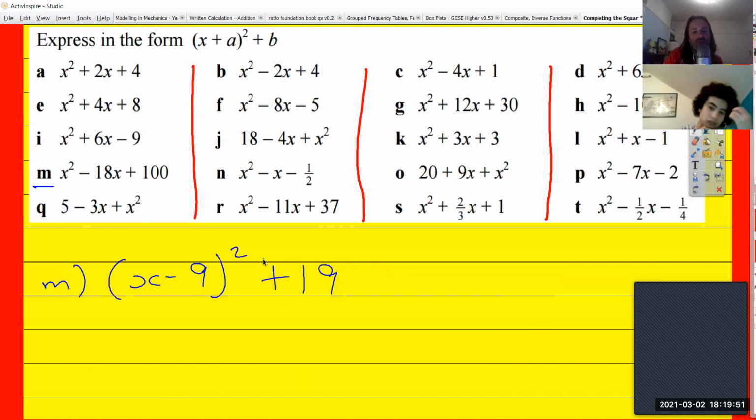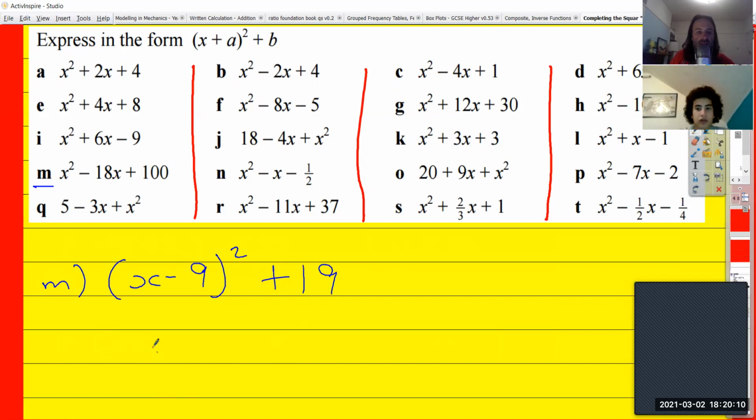Okay, any idea for this one, coordinates of the minimum? For M. Yep. y is always greater than or equal to 19. Yeah. So at the minimum, the y would be 19 and x would be 9.